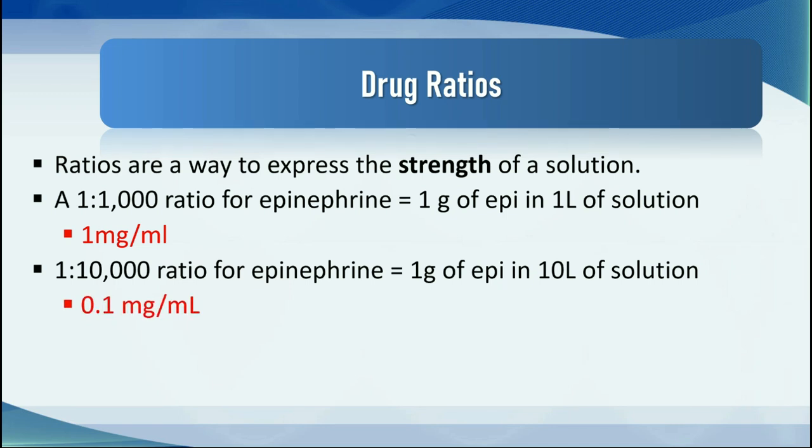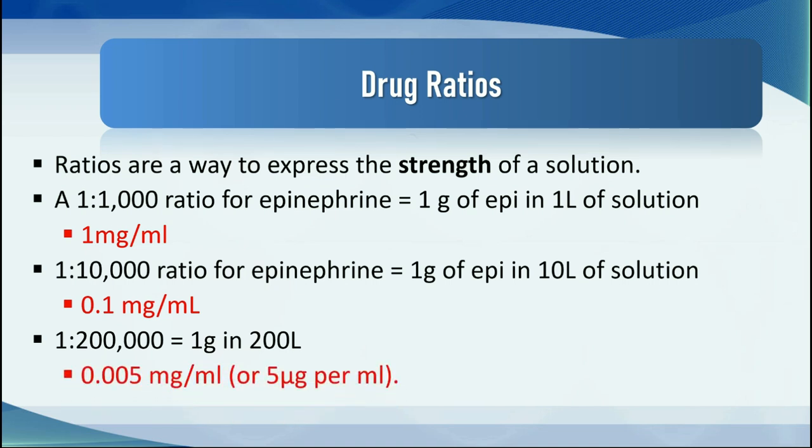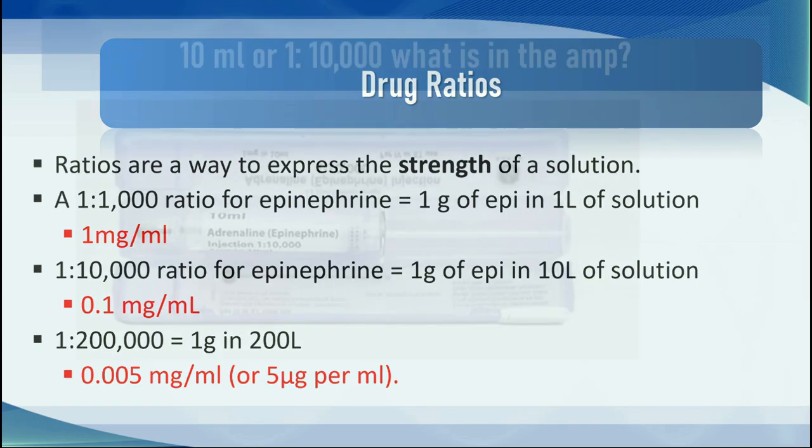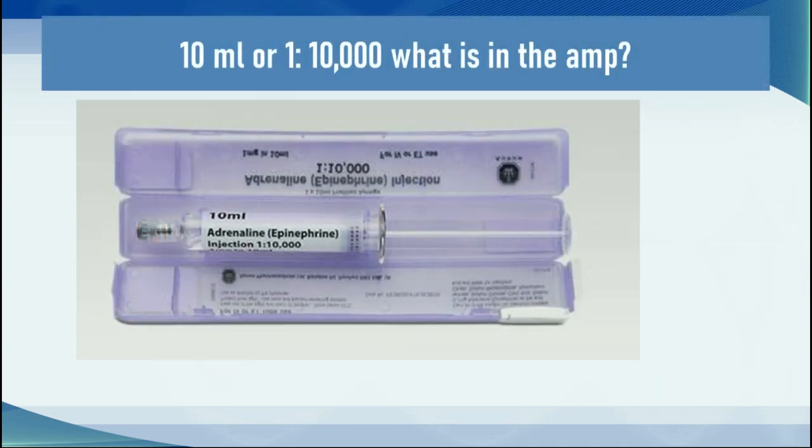In our ampule of local anesthetic that contains epinephrine, the ratio is 1 in 200,000. That is 1 gram of epinephrine in 200 liters, or 0.005 milligrams per mil, or 5 micrograms per mil. This is a 10 ml syringe of 1 in 10,000 concentration. This is the mini jet that we use during cardiac arrest.